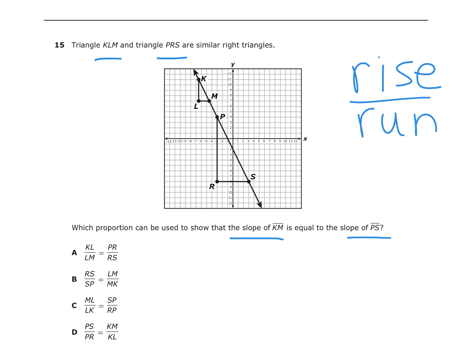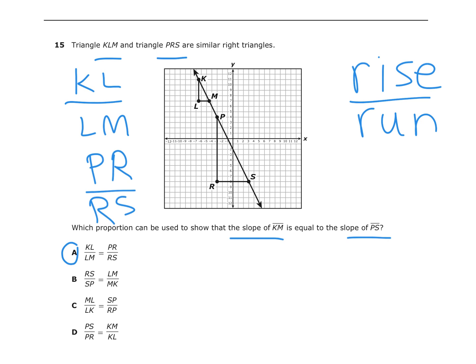For the first triangle, the rise would be KL over LM, and that would give you the slope of KM. For the second one, the rise would be PR over RS. If we look at the answer choices, it looks like answer A is the correct answer.